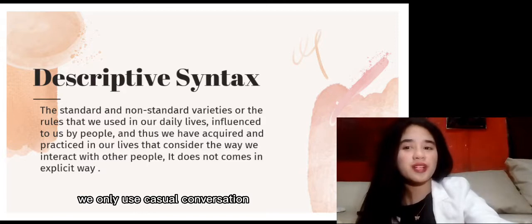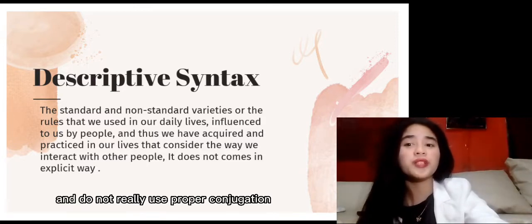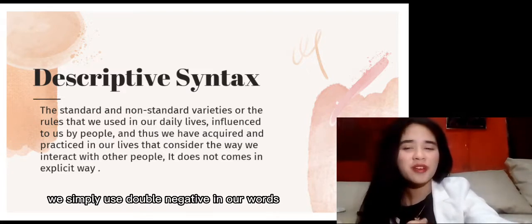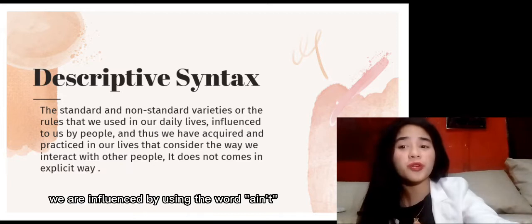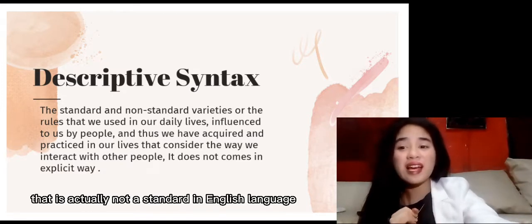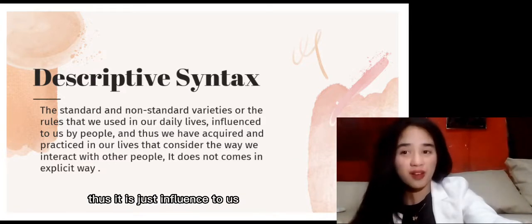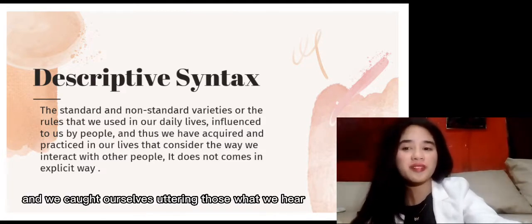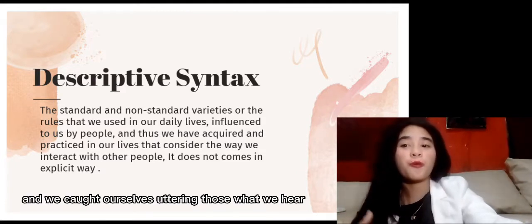We only use casual conversation and do not really use proper conjugation. We simply use double negatives in our words. We are influenced to use the word ain't, which is actually not standard in the English language. Thus, it is just influenced to us by interacting with other people, and we catch ourselves uttering what we hear.